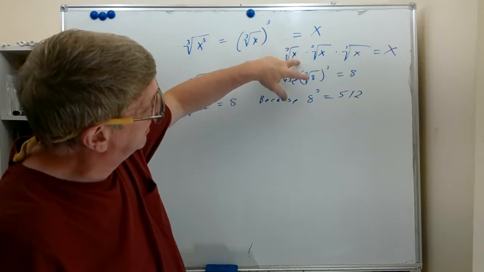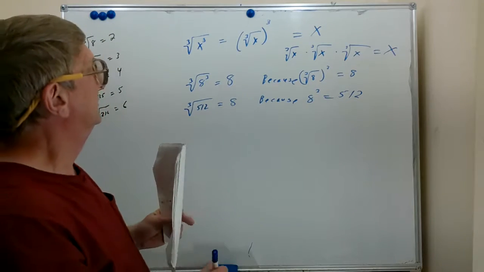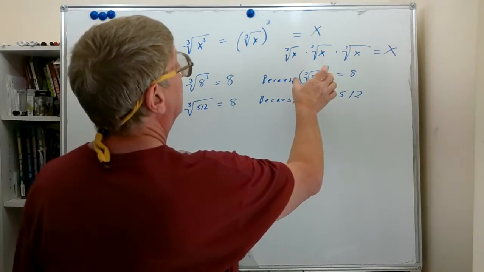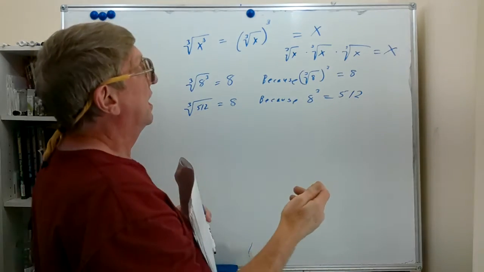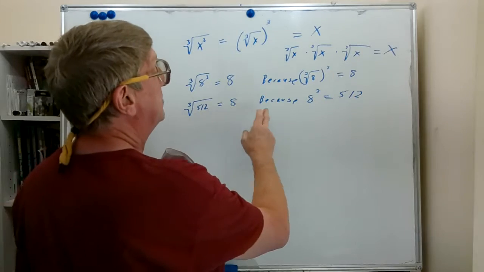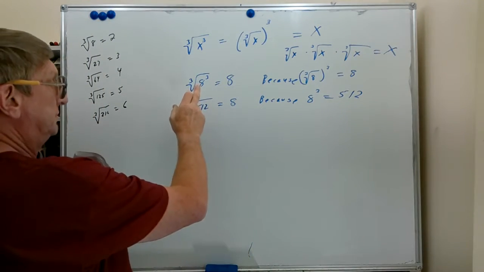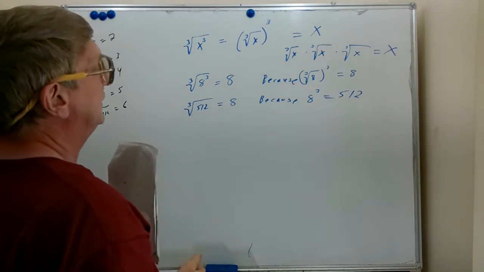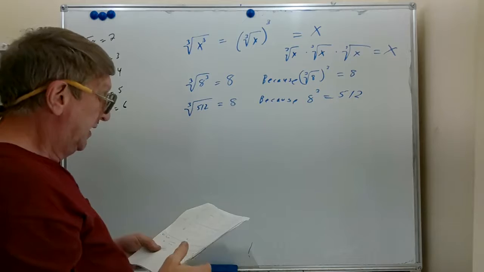But this is the same as the cube root of 8 cubed equals 8. But 8 cubed is 512.